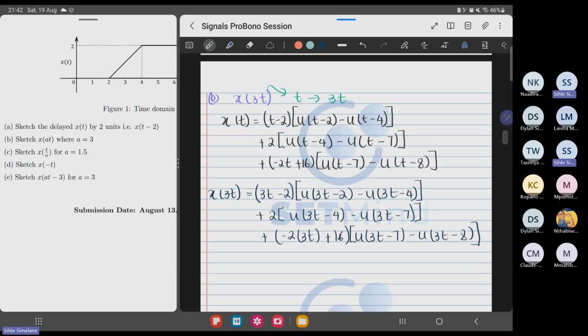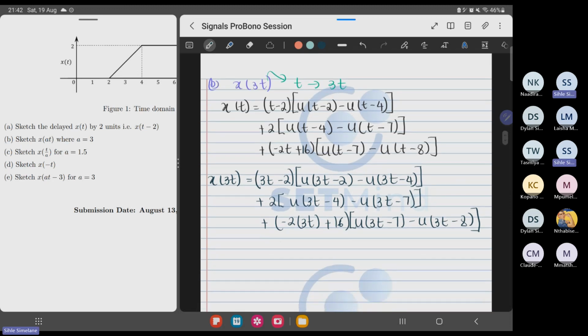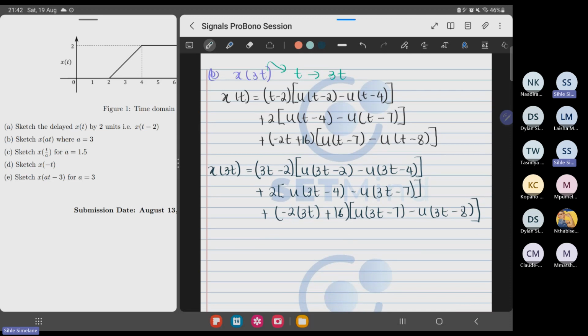Okay, so this is the expression which we end up having. In fact, the negative 2 and the 3t here, let me just make it right away to be minus 6t, and then plus my 16. Okay, so this is what your x of 3t would look like.